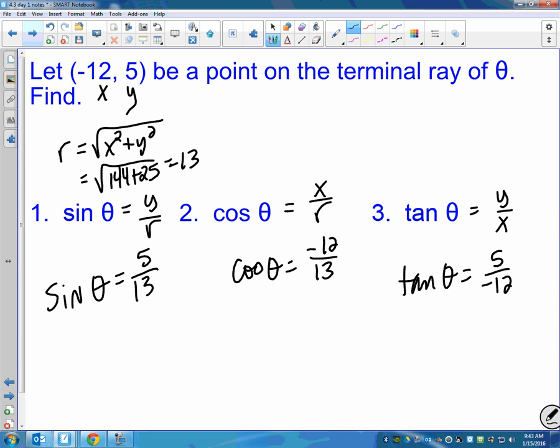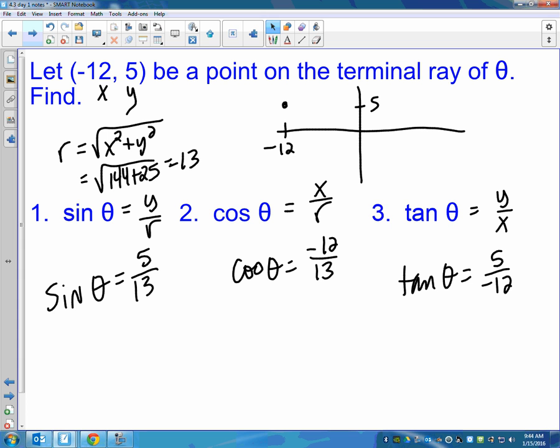If it helps you, draw it out, right? So just really quickly, I'm not going to actually label it negative. I'm just going to mark it over here and say this is 12. And let's put 5. So you made the point of the terminal side of your angle, right? So my angle will start here, and go out like here, right? The triangle that's formed, you always have to draw that triangle with the x-axis.